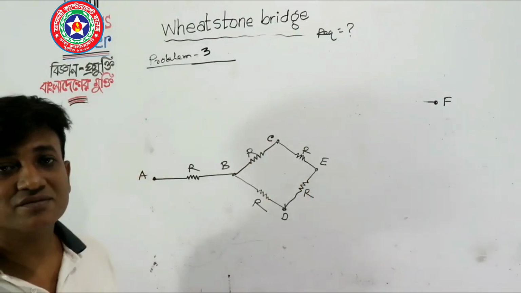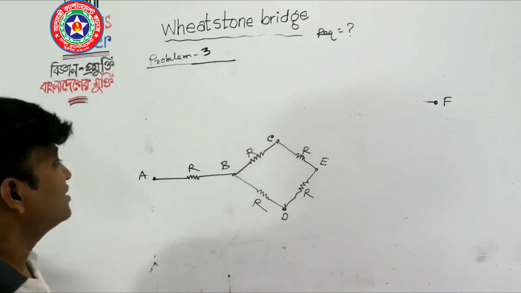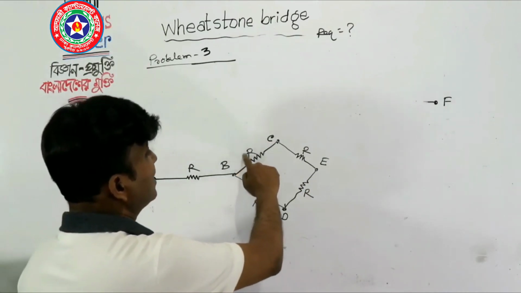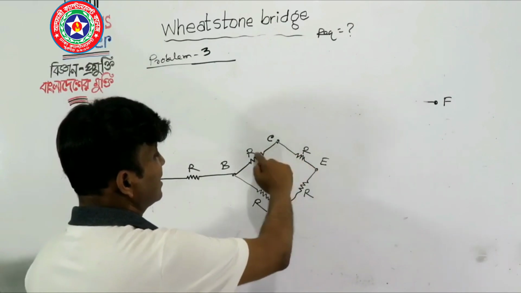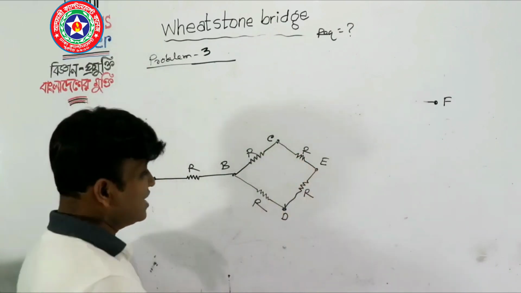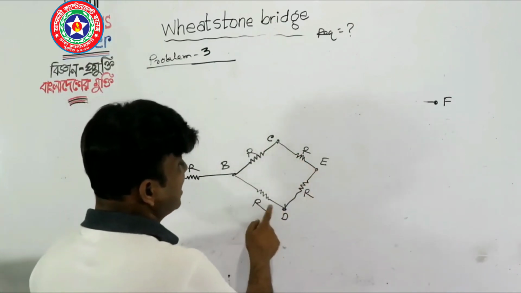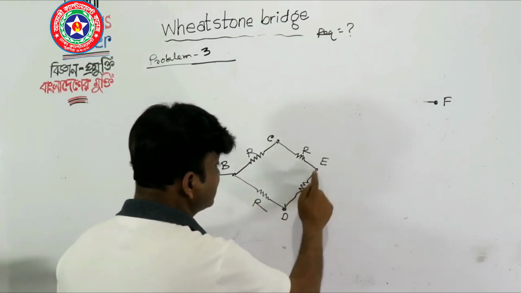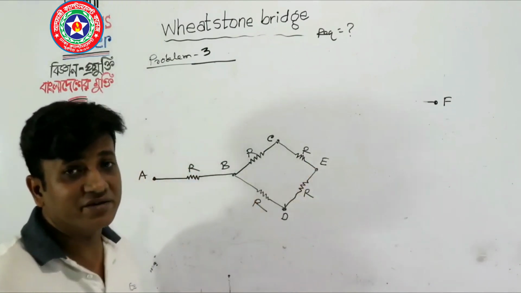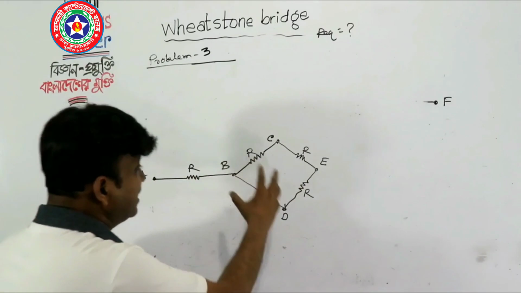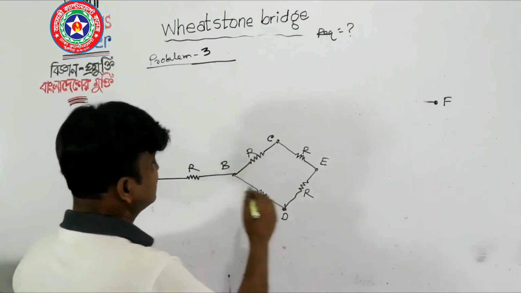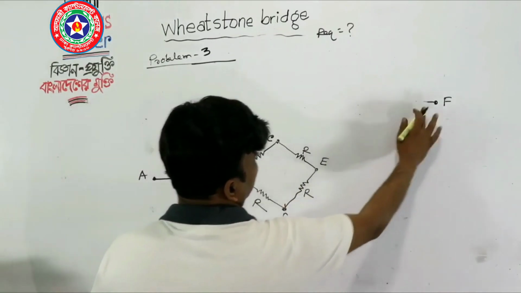So it is clear that this resistance R and R are connected in series, and the resistances R and R, these two resistances, are connected in series. So again we can rearrange this circuit like this.